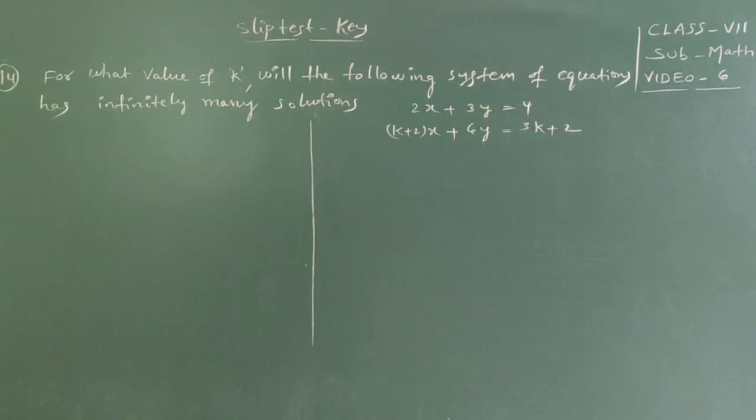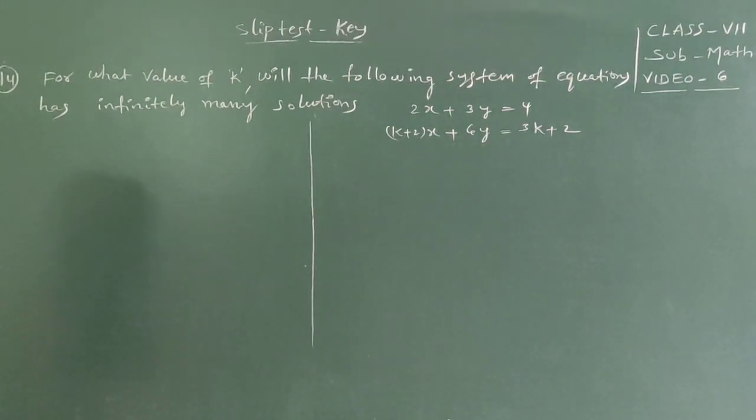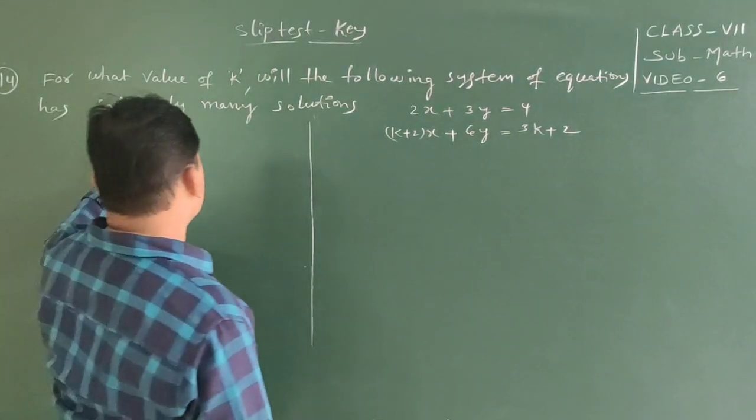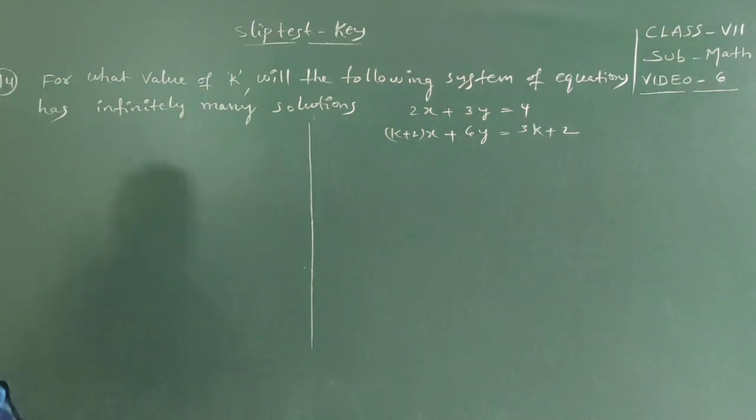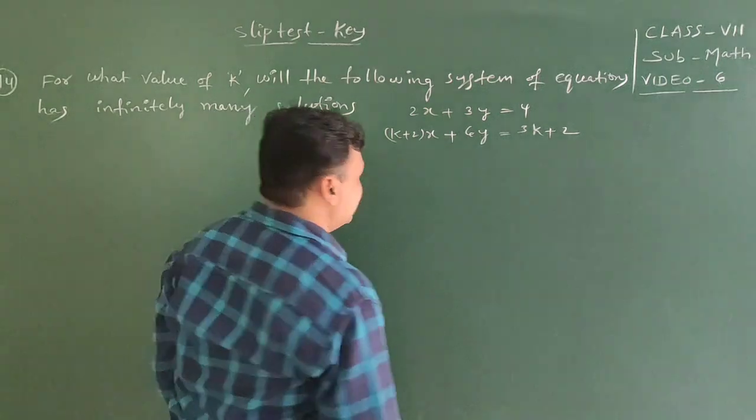Next, for what values of k will the following system of equations have infinitely many solutions? Infinitely many means a1 by a2 equal to b1 by b2 equal to c1 by c2.